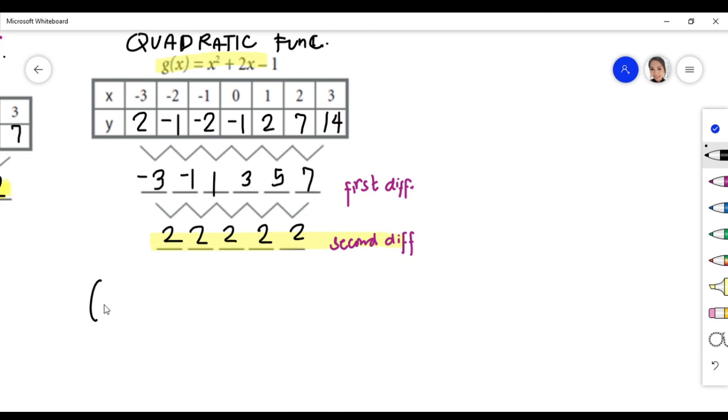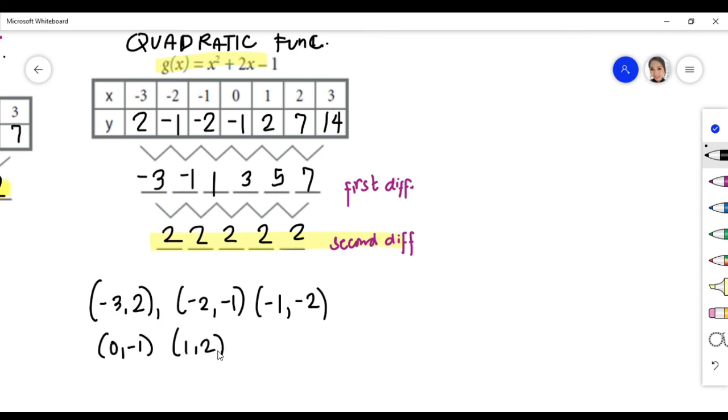So the points are -3 and 2. We have -2 and -1, -1 and -2, 0 and -1. We have 1 and 2, 2 and 7, and 3 and 14.